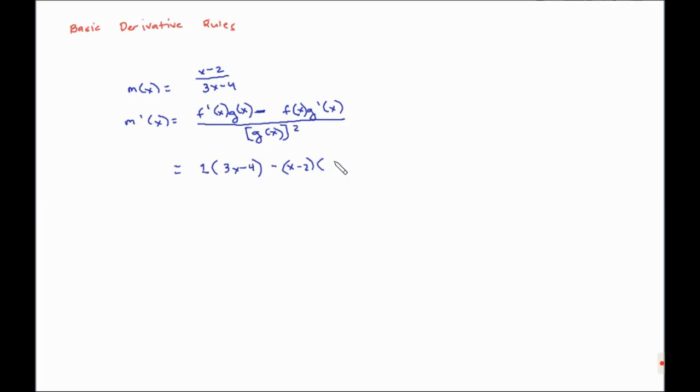The derivative of 3x, of course, is 3. And then the derivative of negative 4 is, of course, 0. So, 3 na lang siya. All over the square of the denominator. So, si 3x minus 4, i-square natin siya.